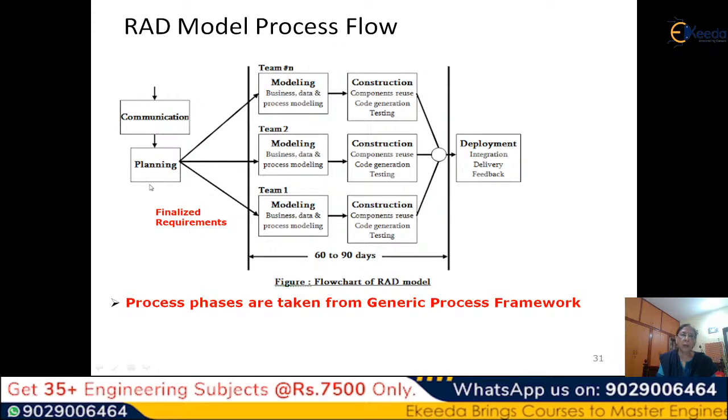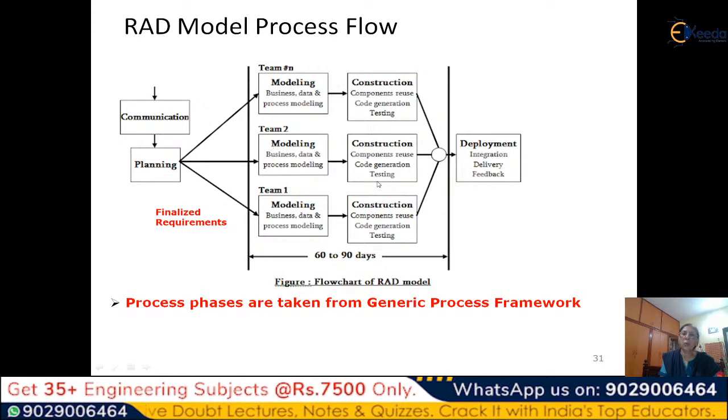In the planning you have created your increments or your mini projects, whatever you call it, and you have assigned one team to each one. Each team is doing the requirements modeling in detail, as well as the technical modeling, the architecture and the design. So all kinds of modeling: business, data, process, technology, everything.